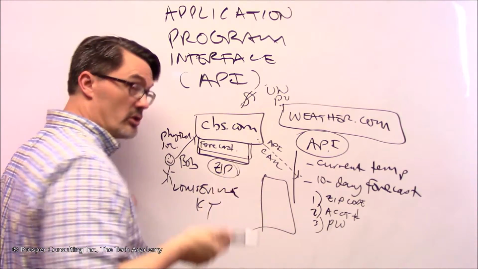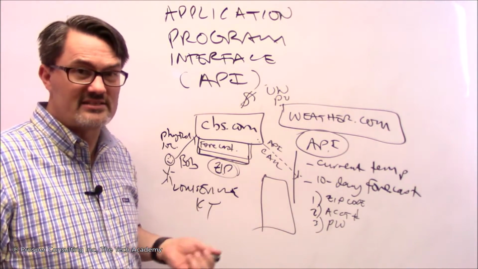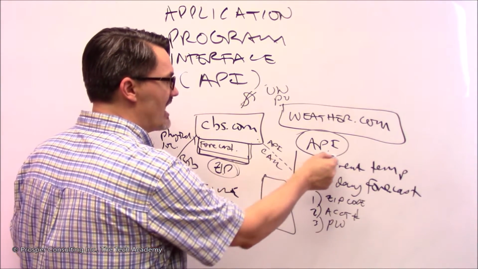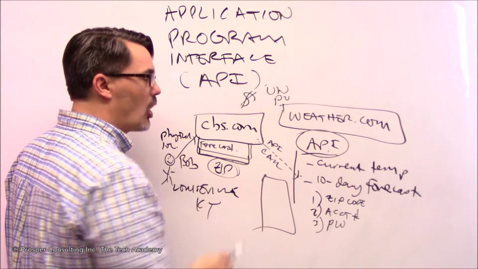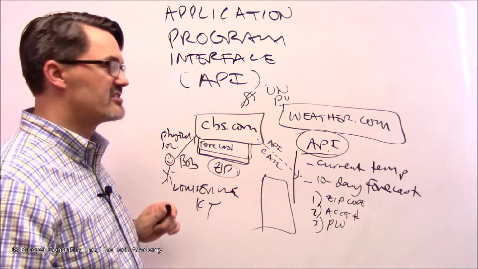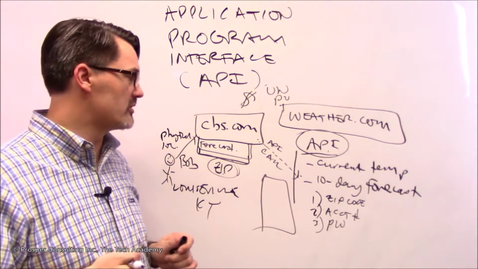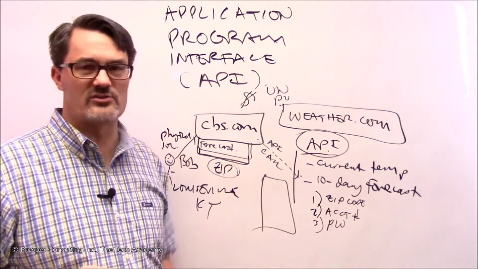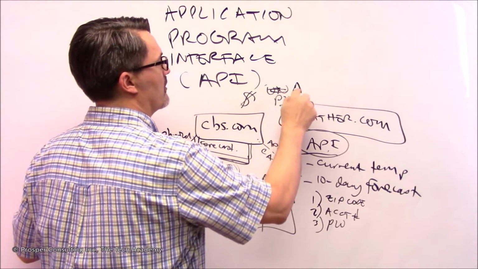And so they use the internet, this interconnected system of computers, to send a request to that API software. It's called an API call that says, okay, here's the data in the exact format that you wanted. Here's my zip code. Here's my account number. Here's my password. I said username. I meant account number.